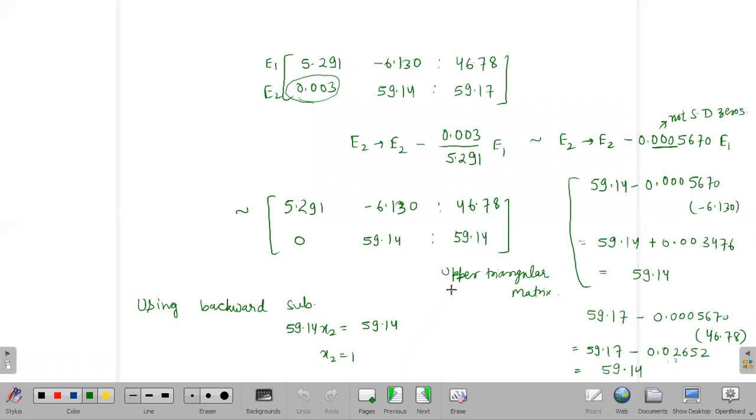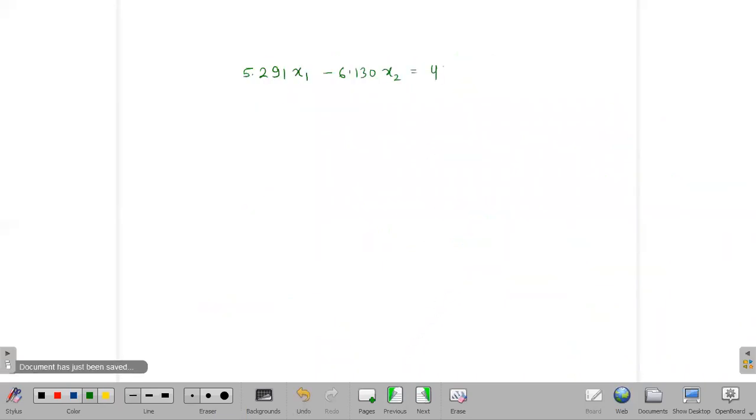So from the first equation, you are getting 5.291 into x1 minus 6.130 into x2, which is equal to 46.78.